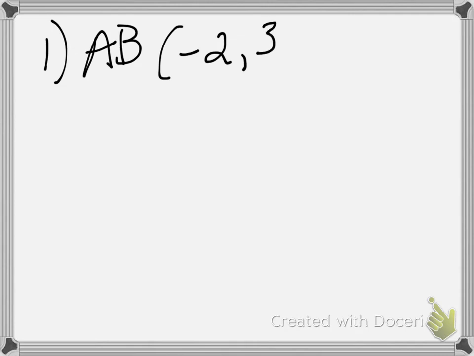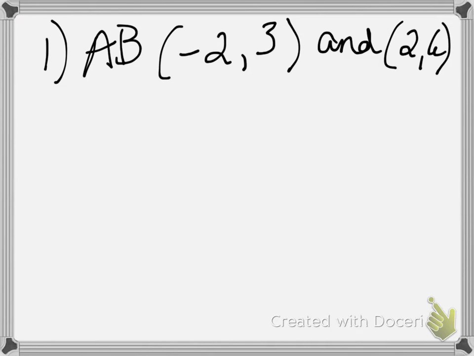They give us 2 points of a line, so they give us (-2, 3) and (2, 6). You can put this on your example page.